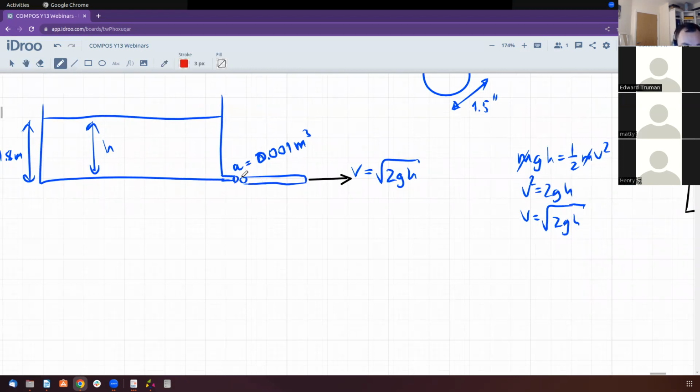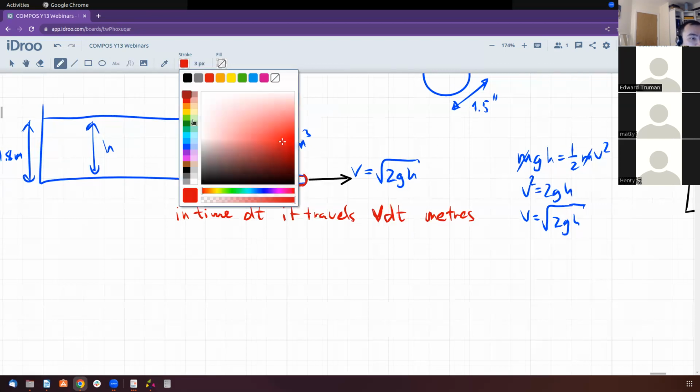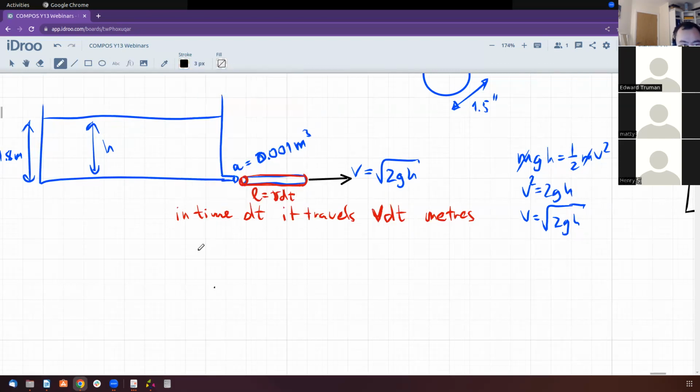Right. And if you imagine this is a cylinder, this is like a cylinder of water. And in time dt, it travels a distance of v dt meters. So the length of this is v dt.